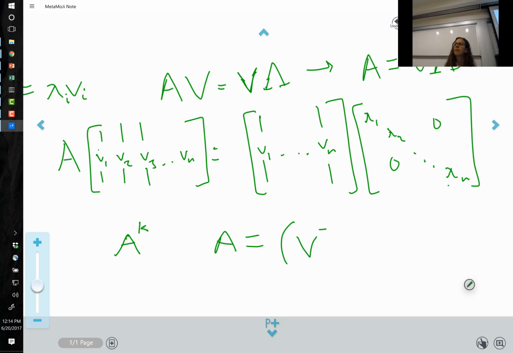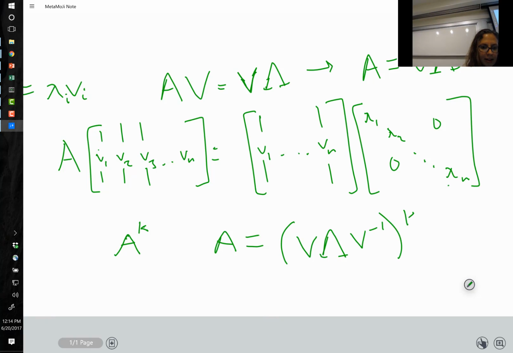Going back to our problem of wanting the kth power, we can do A equals V lambda V inverse, to the kth power. Any ideas about how this could be reduced? It's kind of like a telescoping multiplication where if you multiply that out, the V inverse and the V's on the inside cancel out.